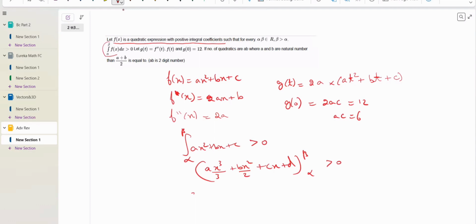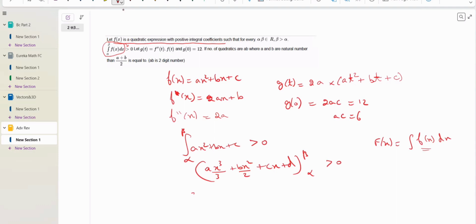If you are claiming that the derivative of this function will become greater than 0, what do you do with this?